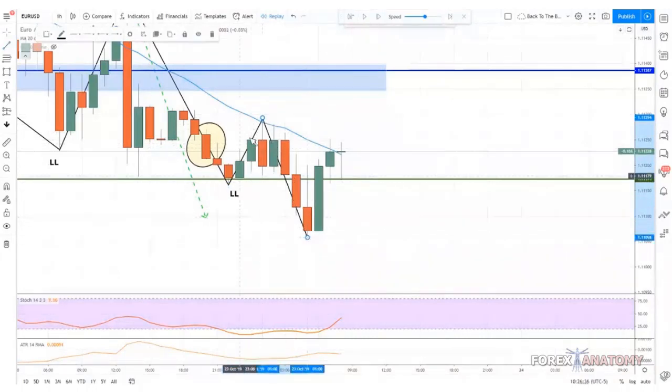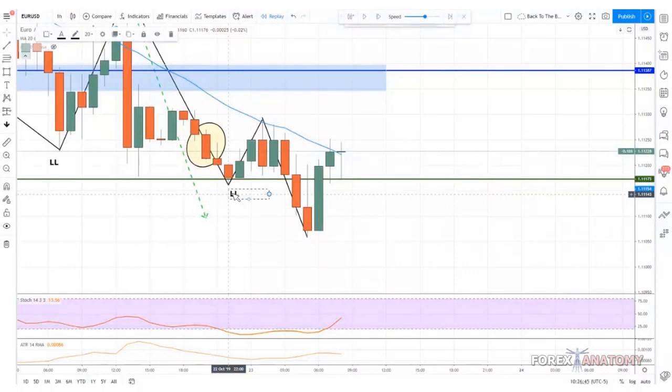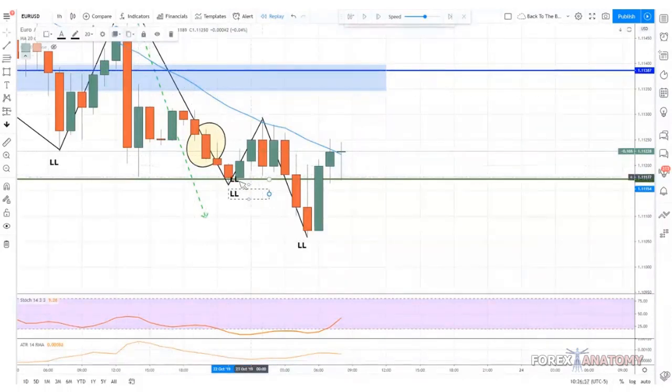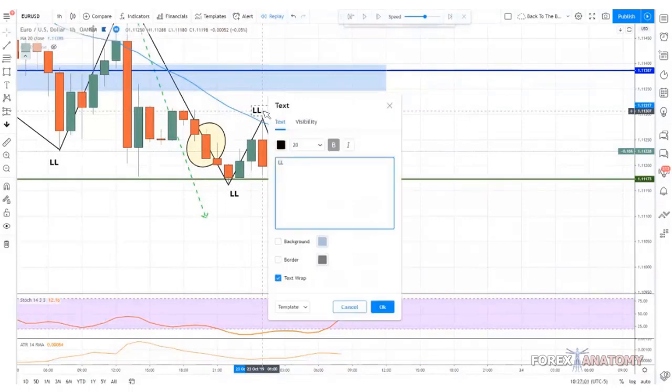So now we get a lower high, and then we get a lower low. So let's clone this, and okay, we got a lower low, but before that lower low, we got a lower high.